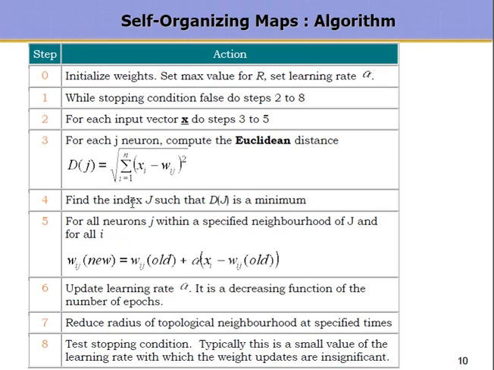For all neurons j within a specified neighborhood of j and for all i, once we have the minimum distance, we need to update the weights for the neighborhood. We have already decided the value of r for the neighborhood, and this is the equation through which we will update our weight matrix.